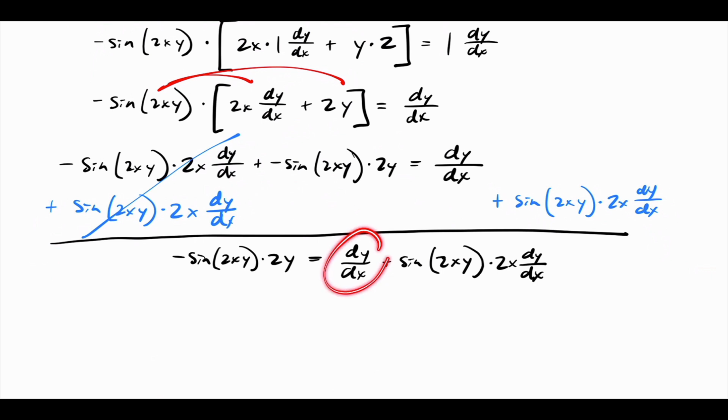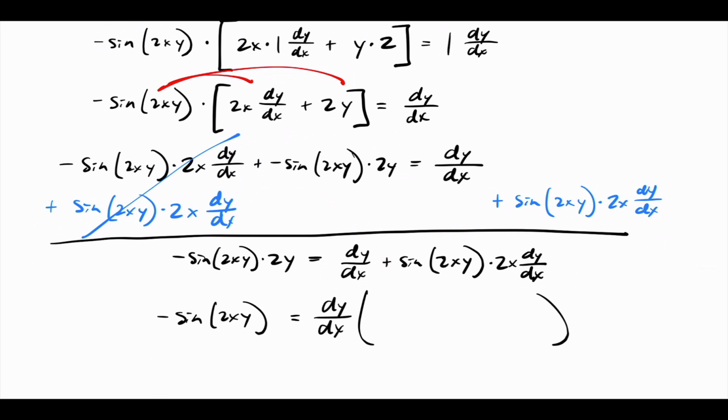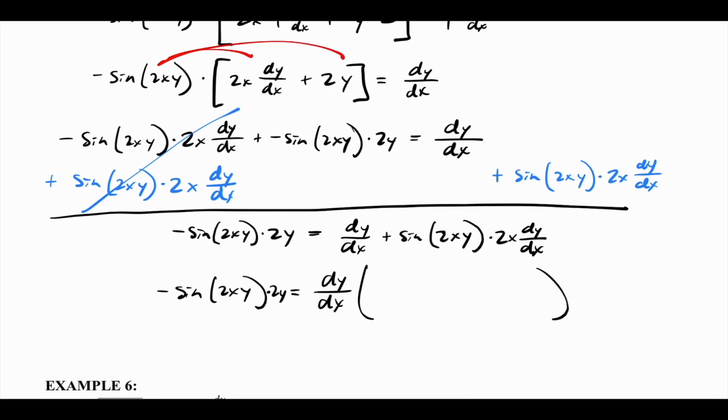This guy is just a single solitary dy dx, and then I have a dy dx tagged onto this guy. Factor it out. So when I factor it out, what's that going to leave?